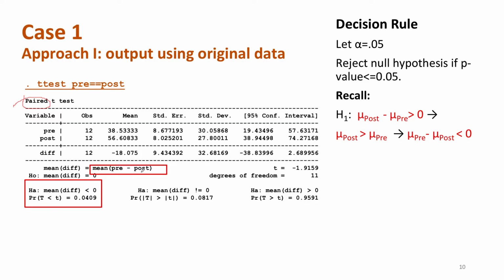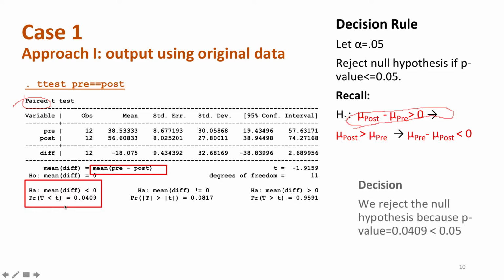And do you remember our H1 is this one greater than this one? Oh, post is greater than pre, but here you see the definition is pre minus post. So here we're just gonna say pre minus post because this one is a bigger sign, so now we're choosing the smaller sign.